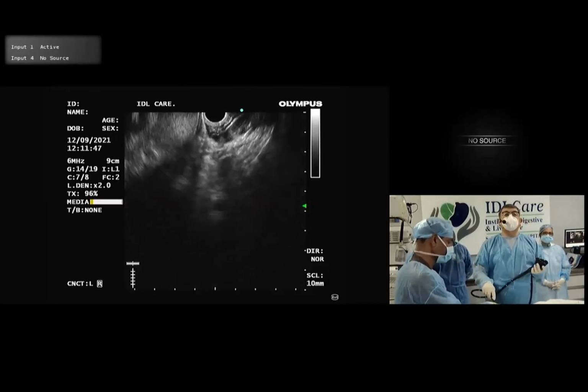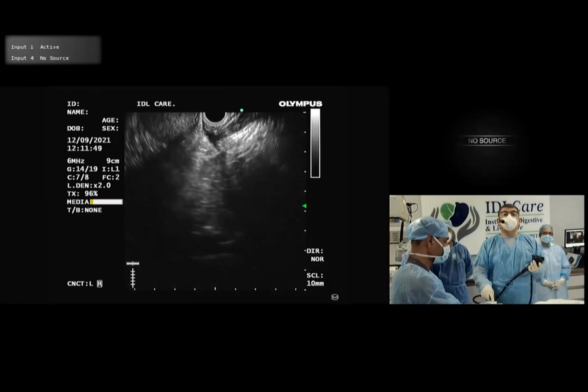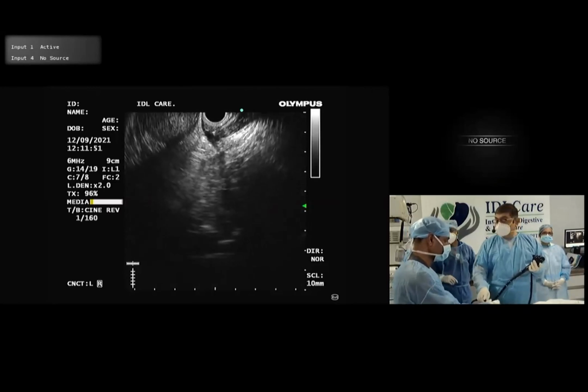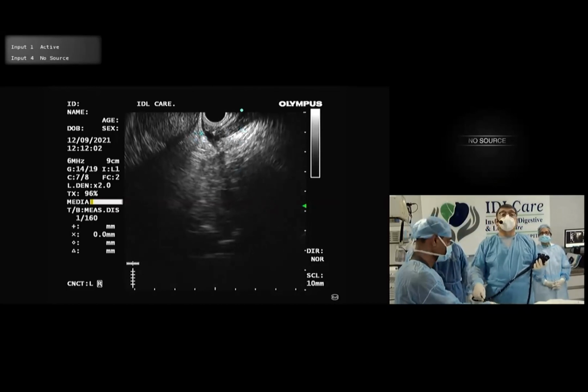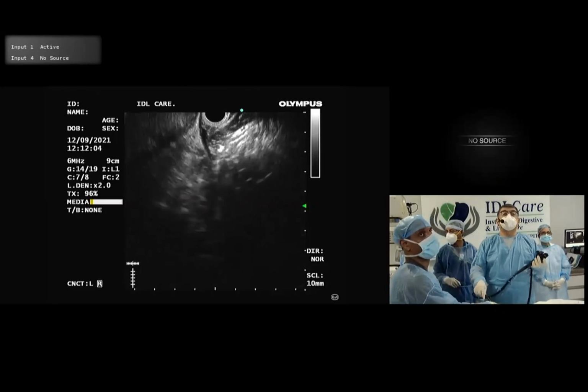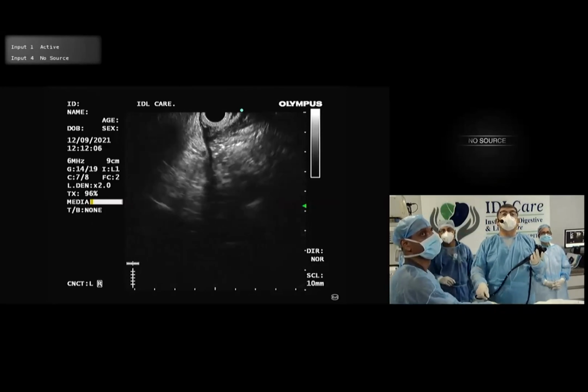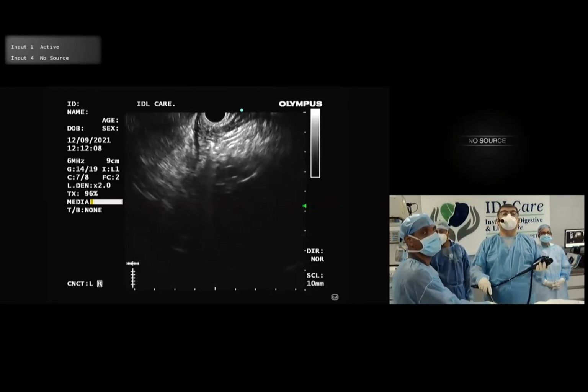You can see the diaphragm, freeze. So this is the diaphragm, see here. So this is the exact position of the GE junction here. You can also see the neck vessels. You can see the AP window and other things by this method very quickly.